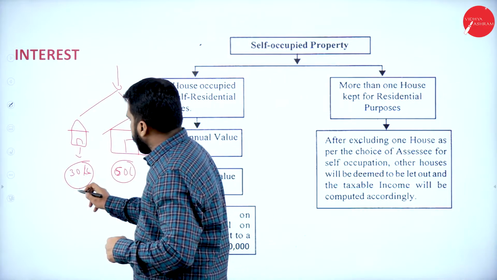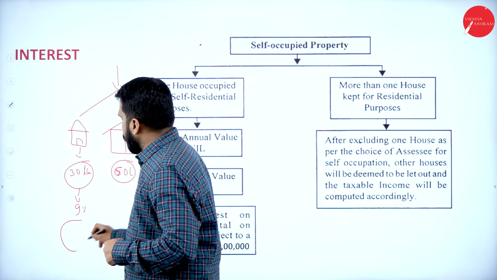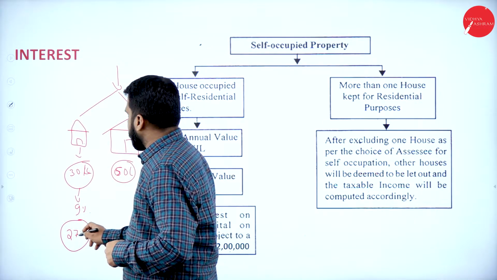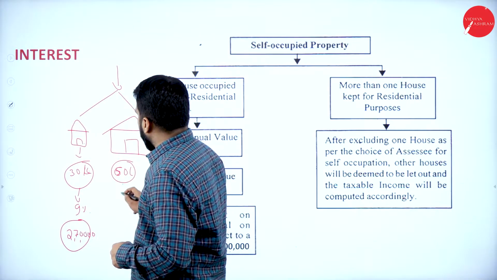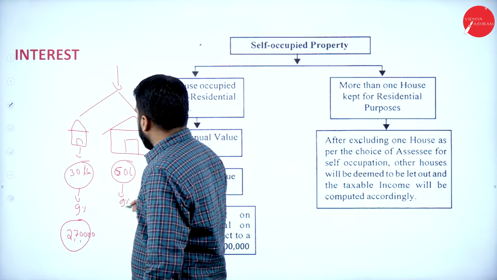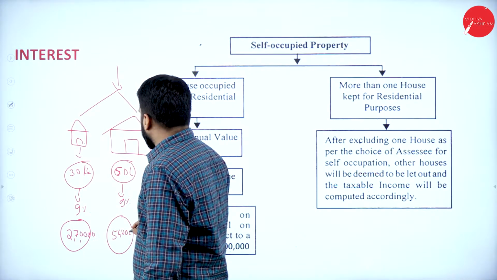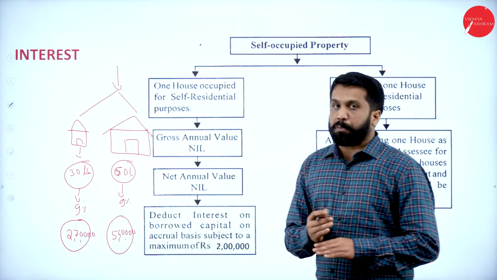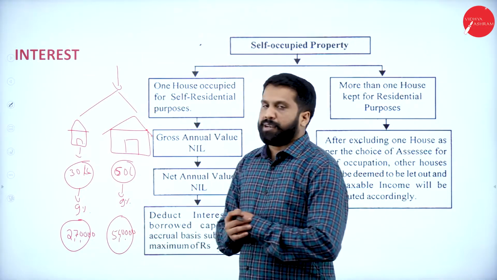If you go for 9%, you will get around 2,70,000 for this, and 5,40,000 for this. Hope you are clear. You are supposed to pay interest of 2,70,000 and 5,40,000.